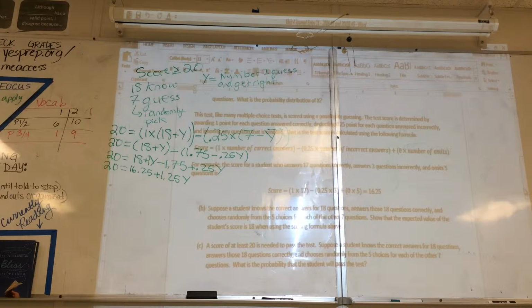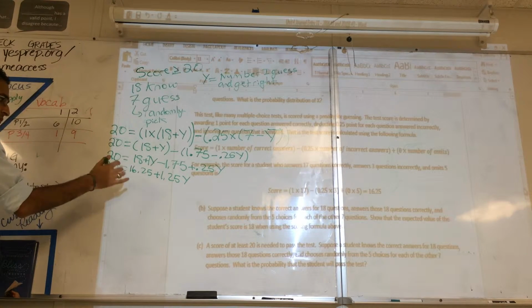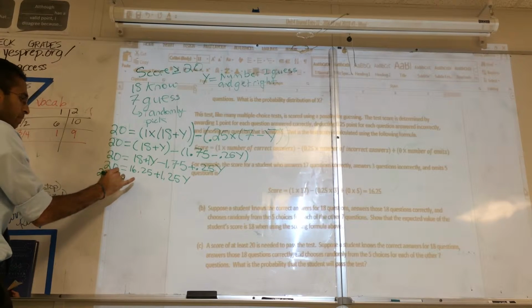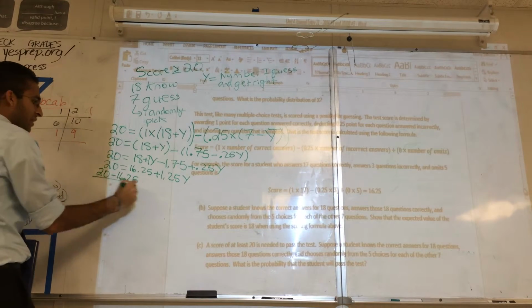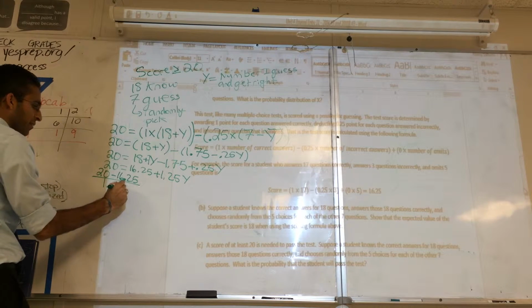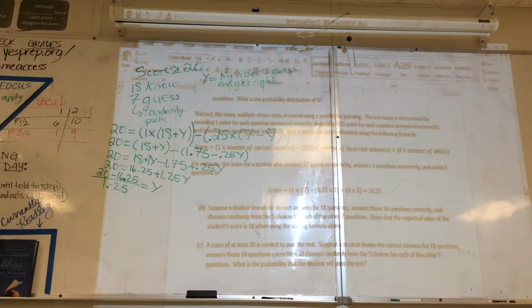So let's see. What can we do now? Well, I want to solve for y, so I'm going to subtract 16.25 on both sides. I'm trying to solve for y. So I've got 20 minus 16.25, divided by 1.25, must equal y.